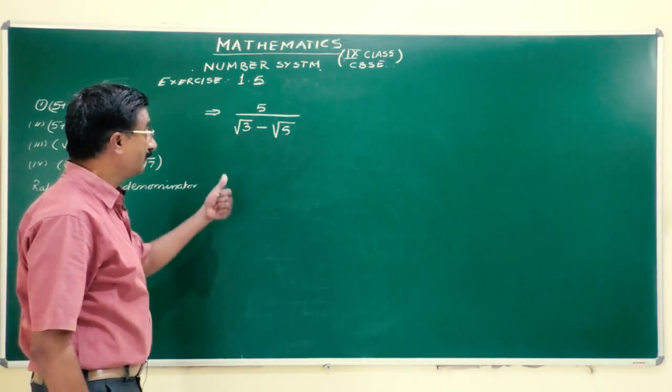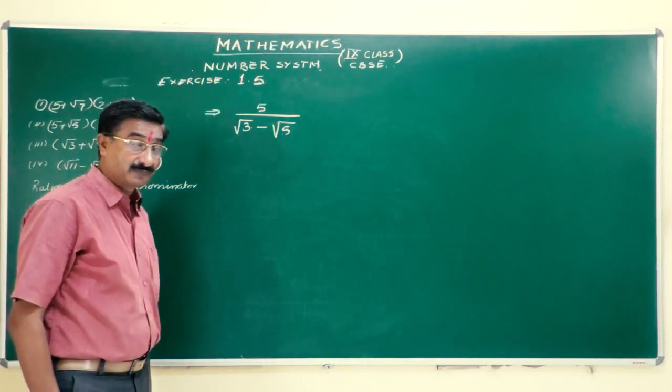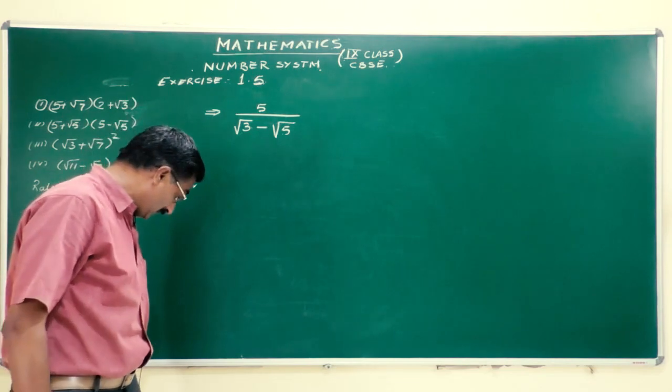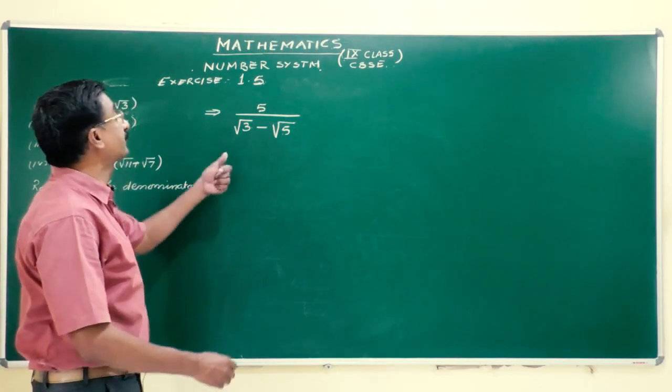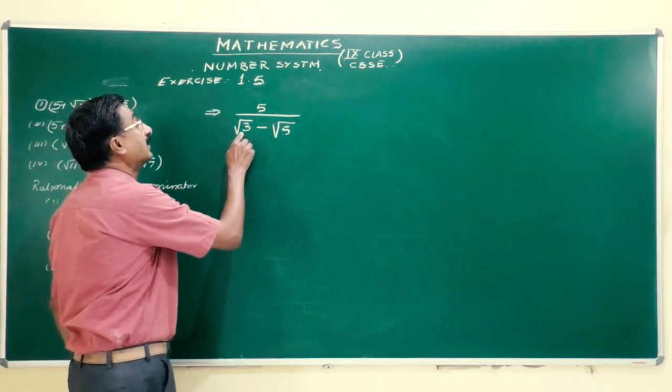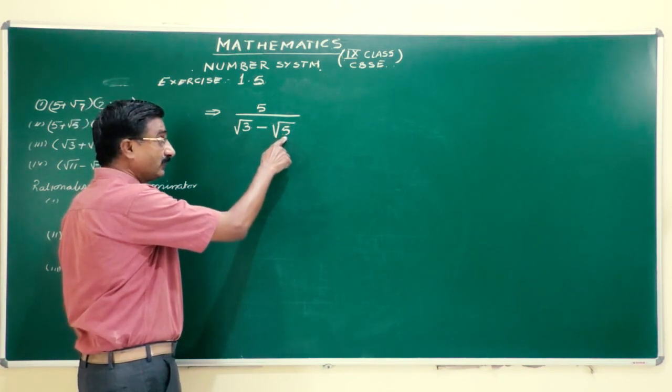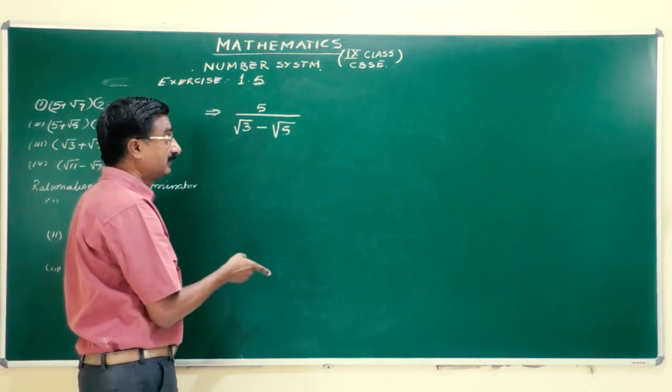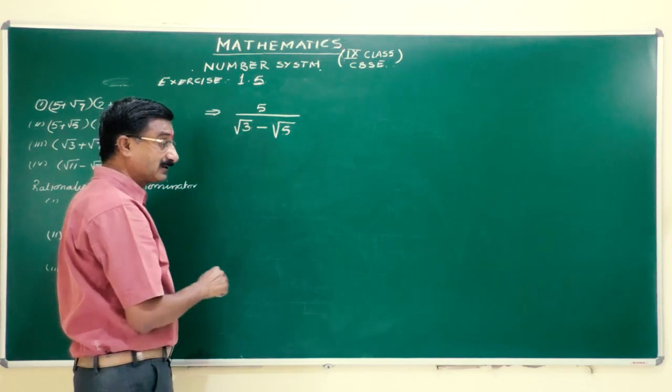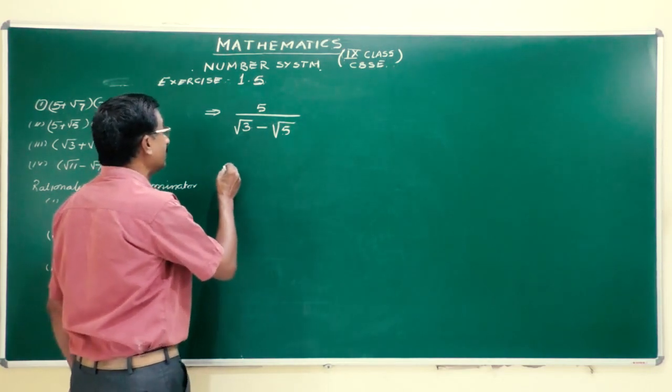Clear? What is the first step? We have to rationalize the denominator. So the very first step: here is under root 3 minus under root 5, so we will multiply and divide it by under root 3 plus under root 5. Very good.